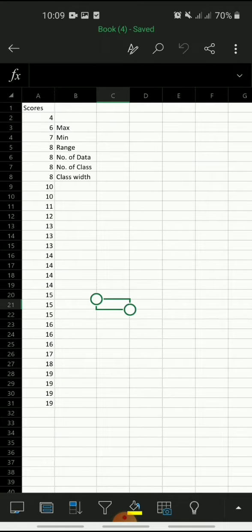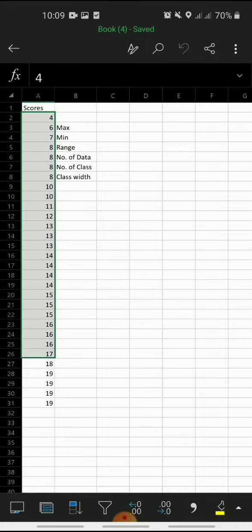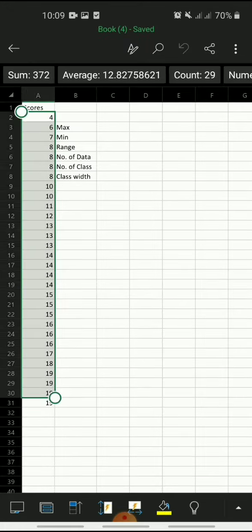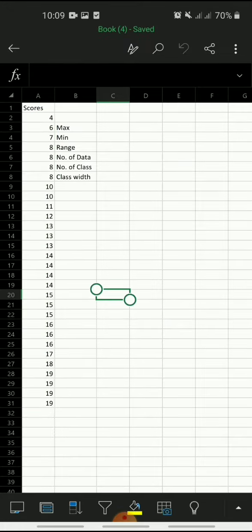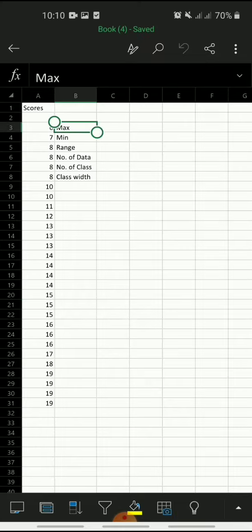Here I already pasted the data from lowest to highest. It's already ordered. So we're going to find the maximum value, the minimum, the range, the number of data, the number of classes, and the class width.